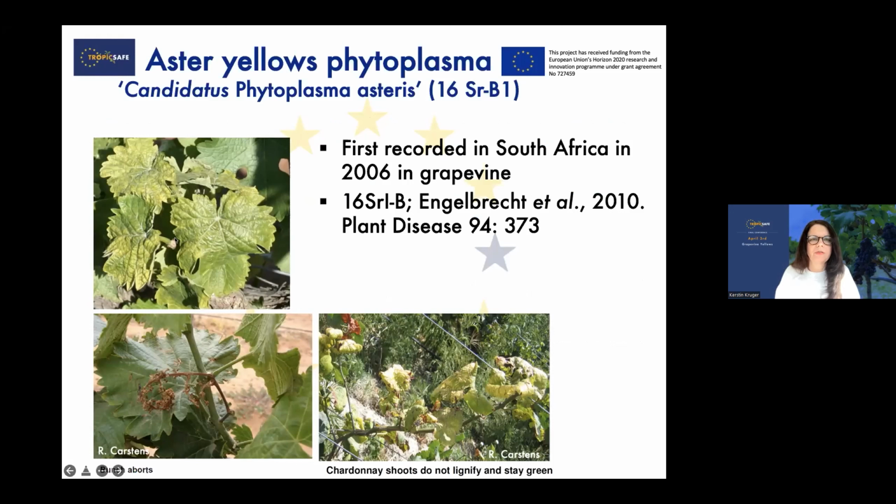And these are some of the typical symptoms: the yellowing of the leaves, which are crisp and wrinkled, the abortion of the bunches, which we have seen earlier from Johann Berger's presentation, and also another symptom, that stems or shoots do not lignify and stay green.